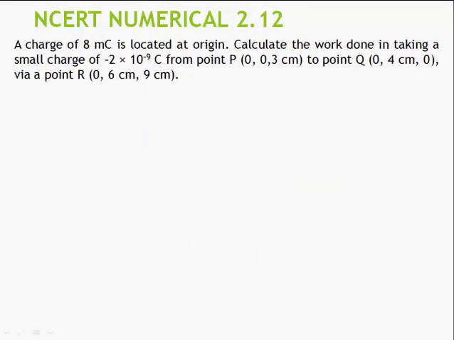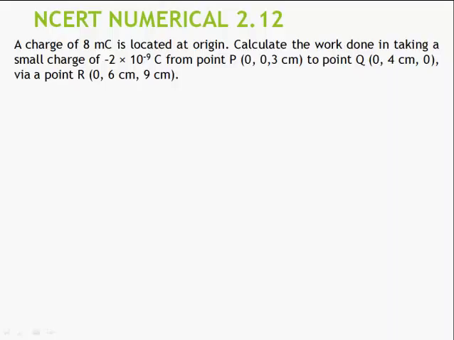Now, this is the question 2.12, in which you should remember you have to find the work done taking a charge. Electrostatic force is basically a state function, just like gravitational force. So what are the differences? The main aspect of this type of forces, it will not depend on the path, it will depend only on the state.